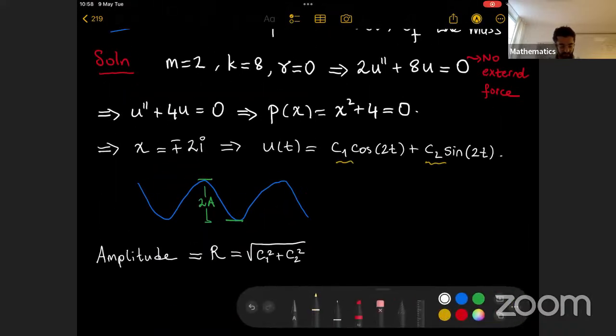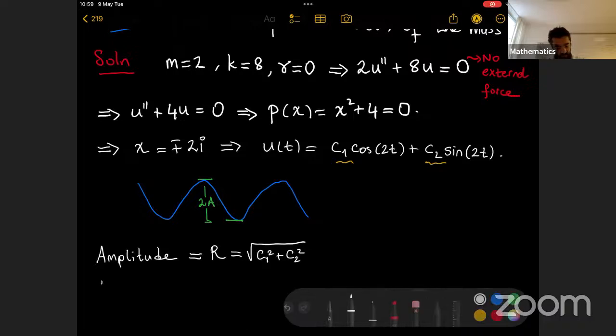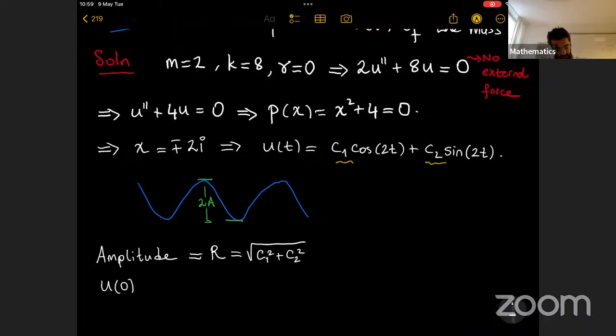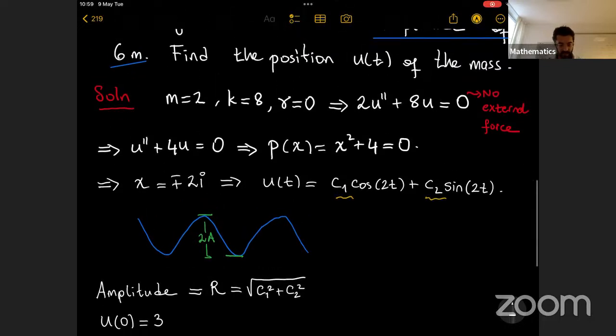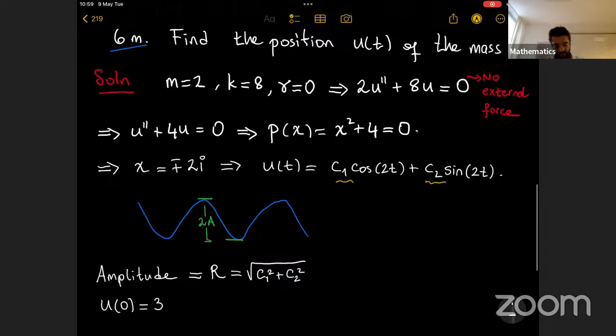U0 is equal to 3. What is U0? When you plug 0 here, it's going to be C1 times cosine 0. Cosine 0 is 1 plus C2 times sine 0. Sine 0 is 0, so you will get C1. So we get that C1 is equal to 3.